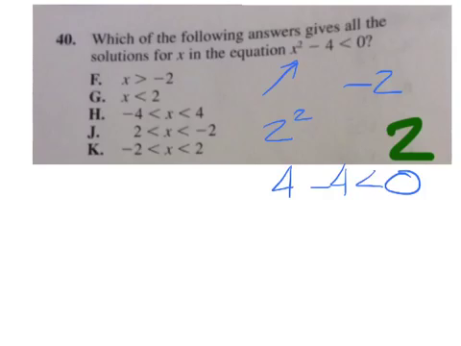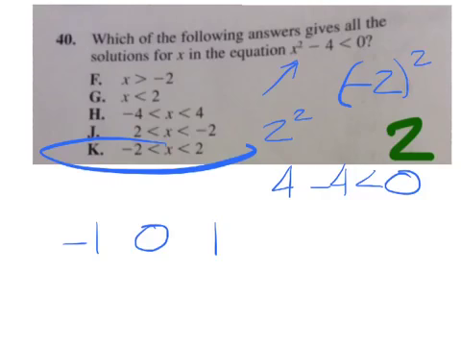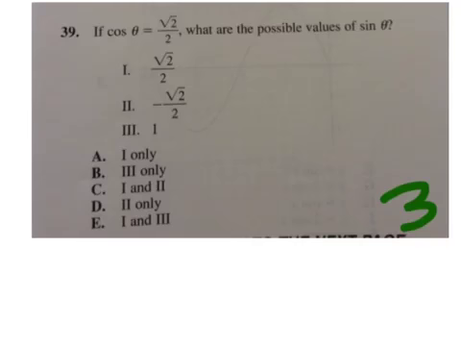No. Won't work out. Still give me 4, and then it'll be 0 less than 0. So negative 1 would work, 0 would work, and 1 would work. Anything outside that range is not going to work. The answer is K.